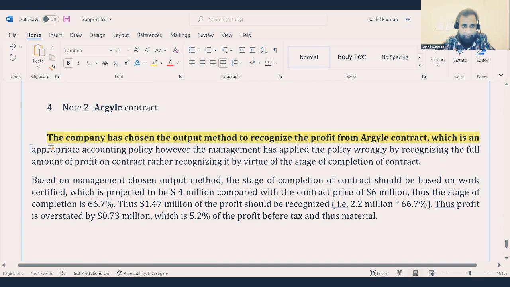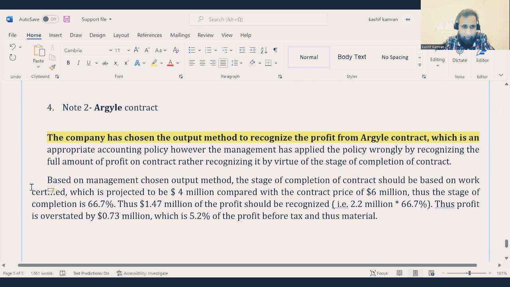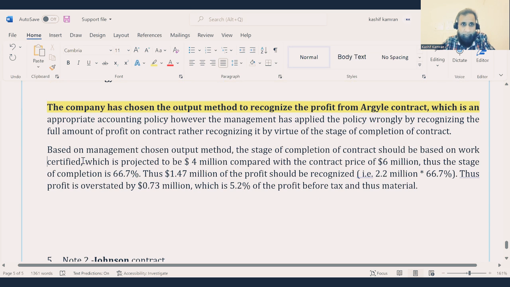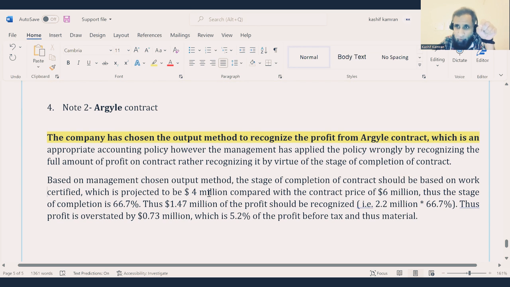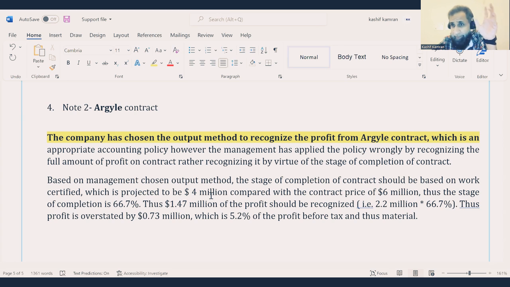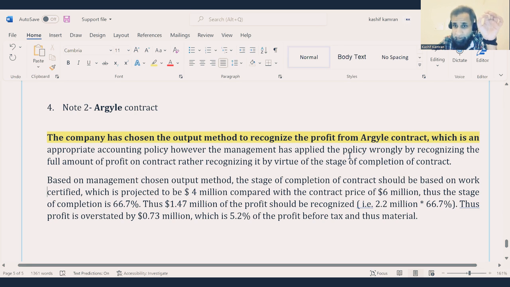See what I wrote under the Ergel contract. The company has chosen the output method to recognize the profit from the Ergel contract, which is an appropriate accounting policy, because either you can choose the input method or you can choose the output method. The company has chosen the output method, so that's acceptable. However, the management has applied the policy wrongly.